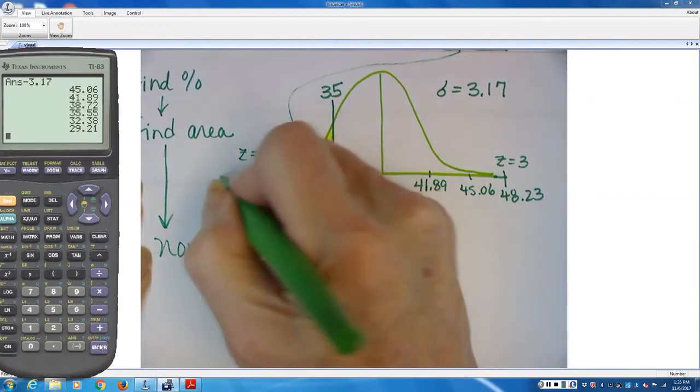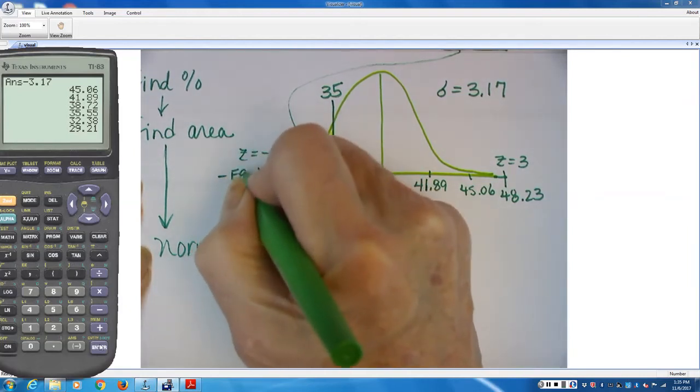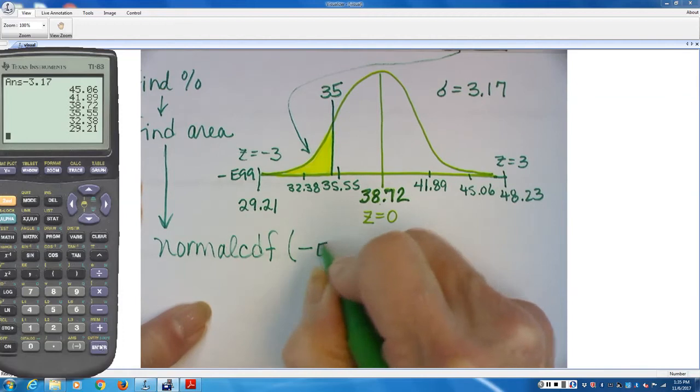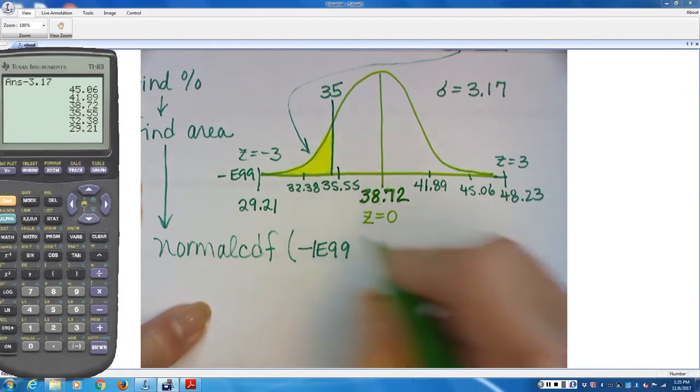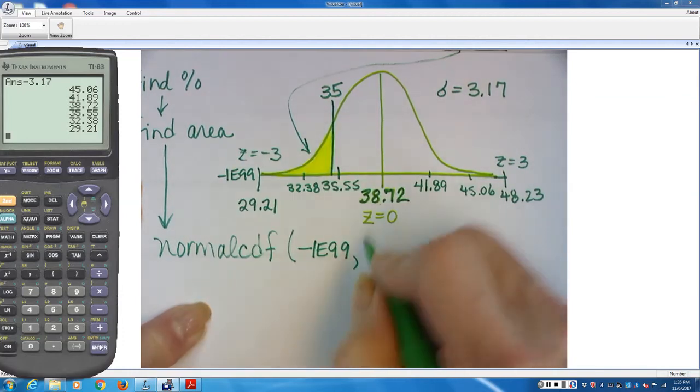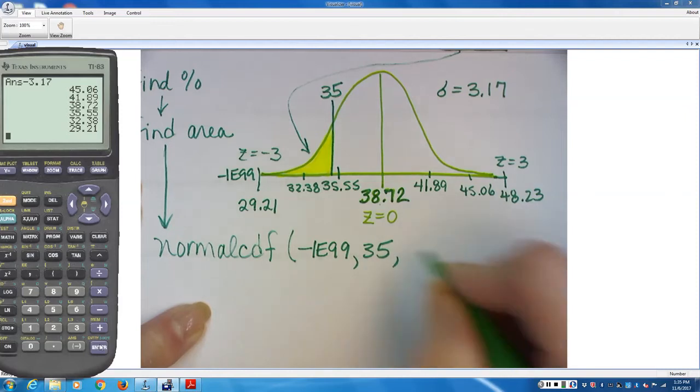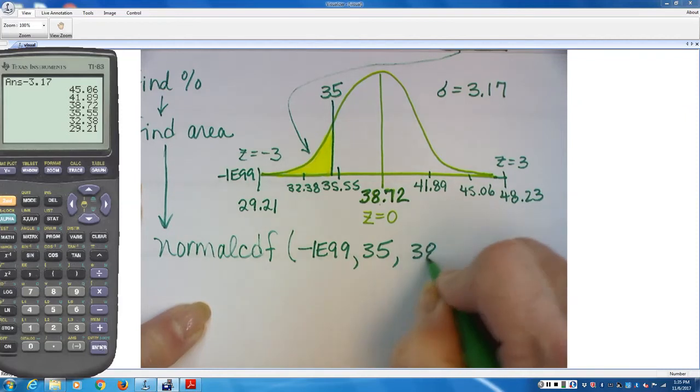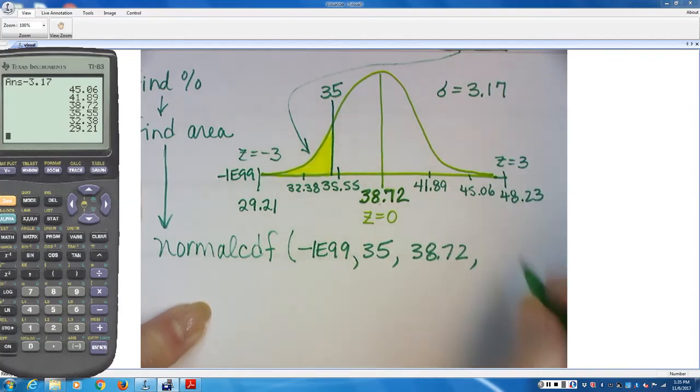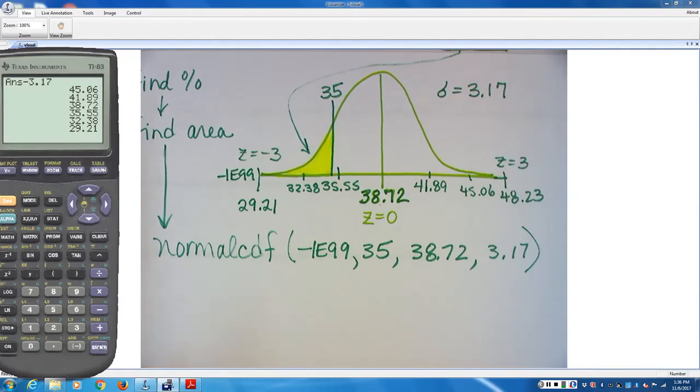We're going to go from negative infinity to 35 with a mean of 38.72 and a standard deviation of 3.17 to find that area.